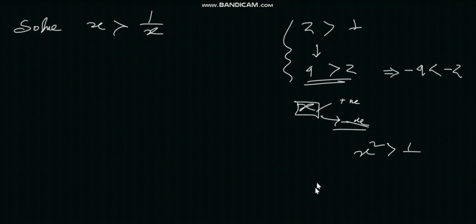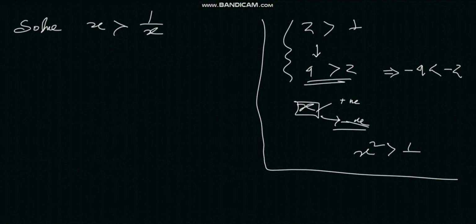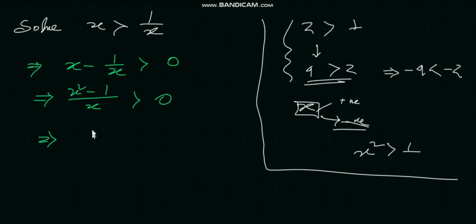Okay, the correct way to do this math is, let's see, x minus 1 by x will be greater than 0. Then the solution will be x square minus 1 greater than 0, and this will be x plus 1, x minus 1 by x equal to 0.